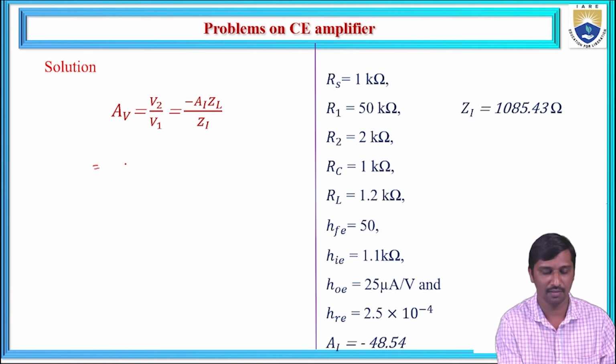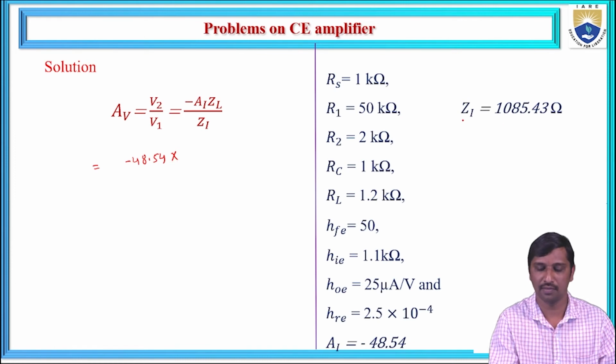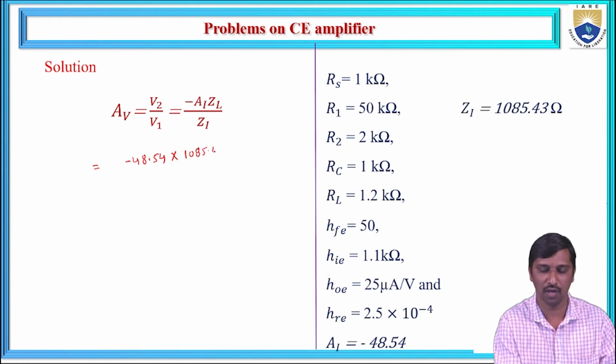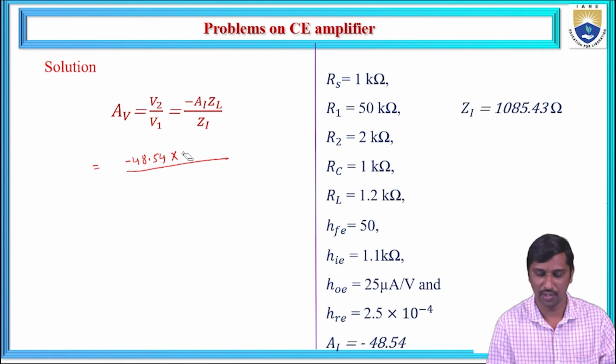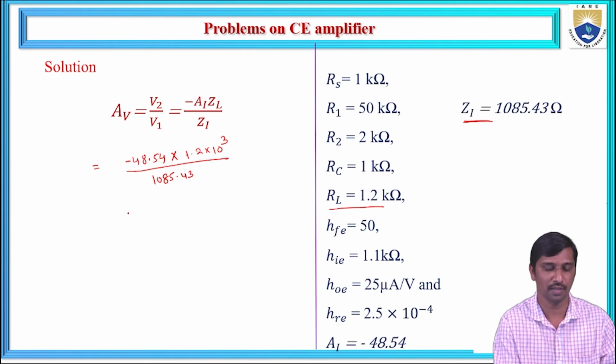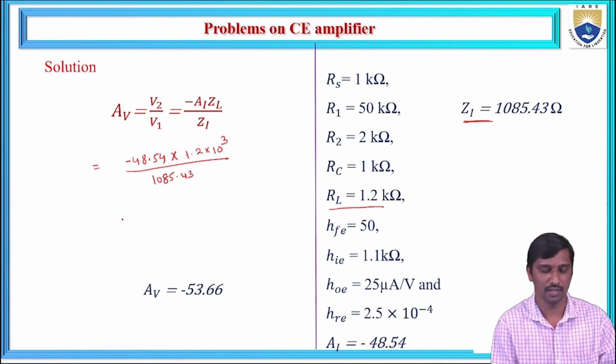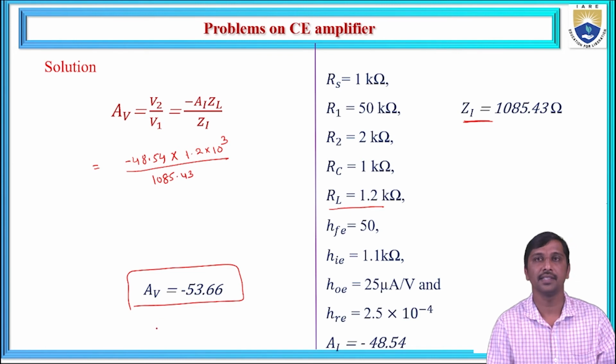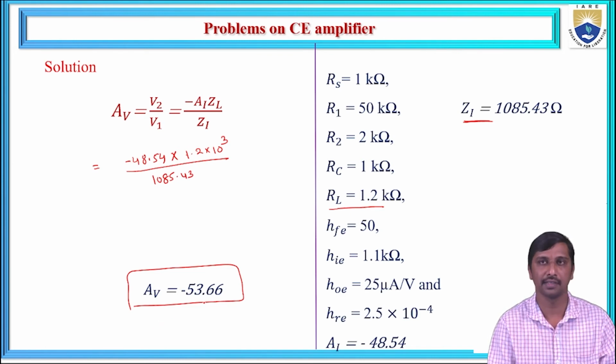Hence it is minus 48.54 into the ZL value, which is RL, 1.2 kilo ohms, that is 1.2 into 10 power 3, divided by the ZI value of 1085.43. If you solve this, it gives that the voltage gain is minus 53.66.